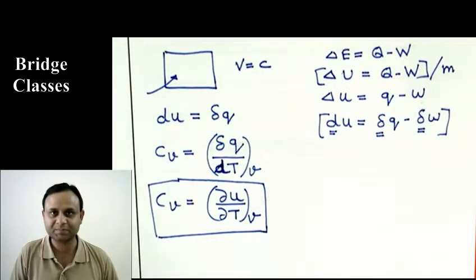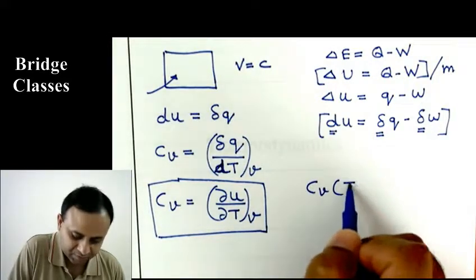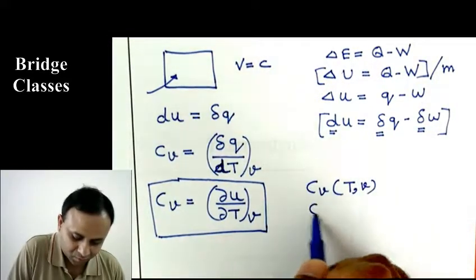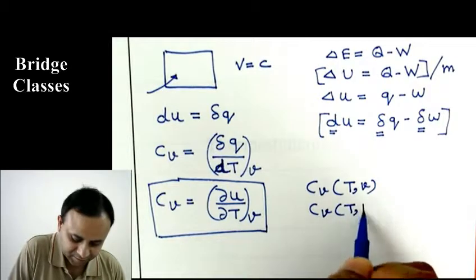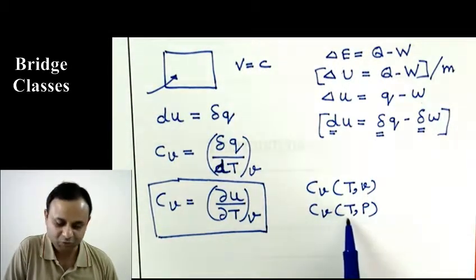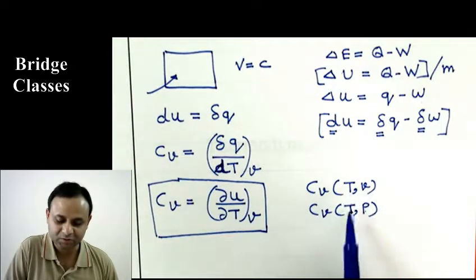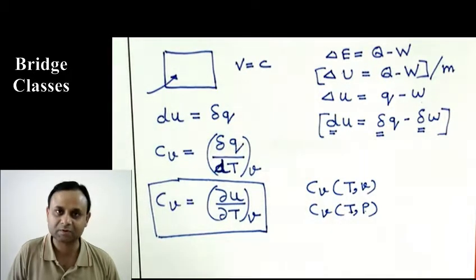Okay, so CV is a property now. So you can write CV as a function of temperature and volume, or as a function of temperature and pressure. Okay, because from the state postulate, if you fix two properties, then the other becomes fixed. So CV is a function of two variables like that. Or you can write it in this way.